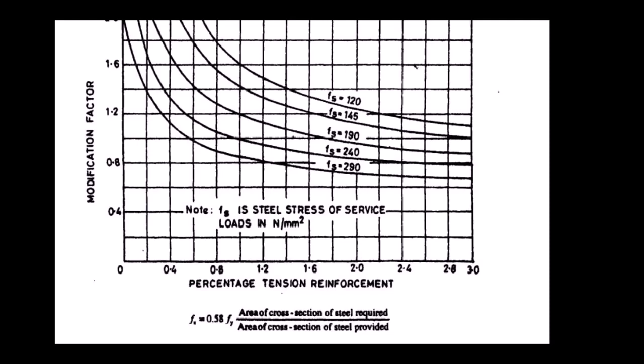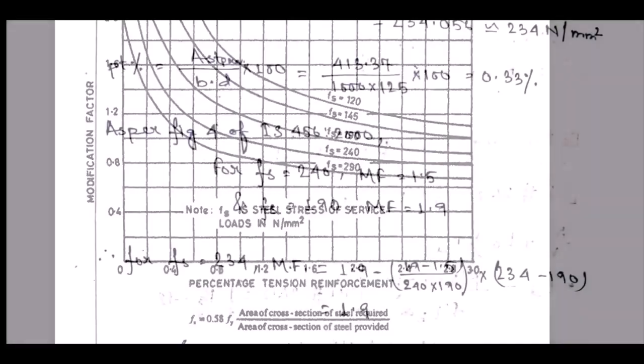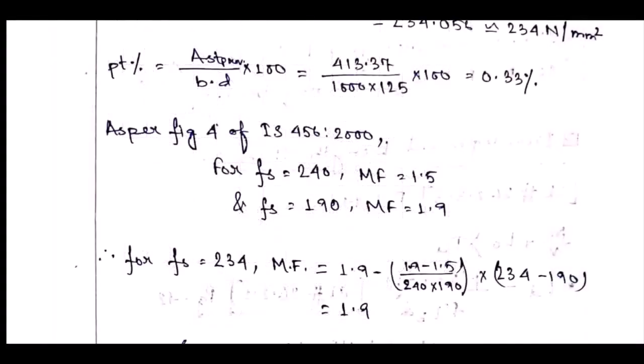From these values we have to find the modification factor for fs 234. On your screen you can see our findings as per figure number 4 of IS 456 2000: for fs 240 the modification factor is 1.5 and for fs 190 the modification factor is 1.9.